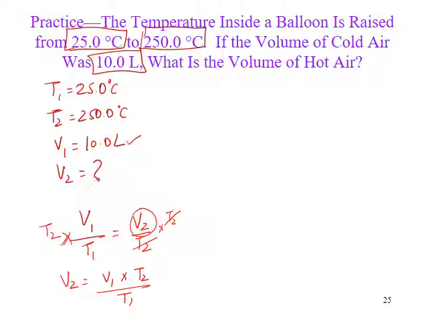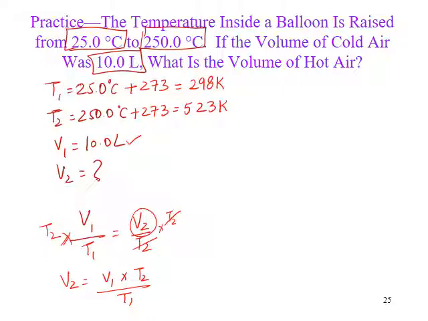But both the units are in degrees Celsius. So I will be adding 273 to each of them to get my final temperature. So this would be 298 Kelvin. And the T2 is going to be 523 Kelvin.